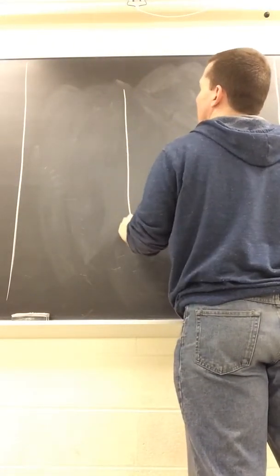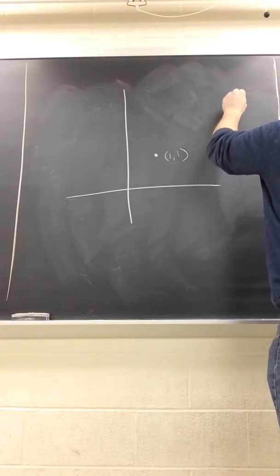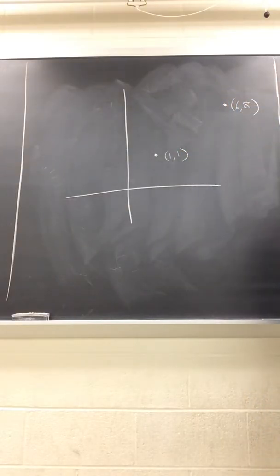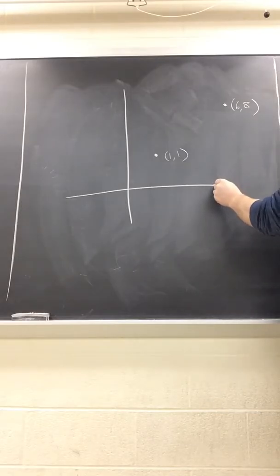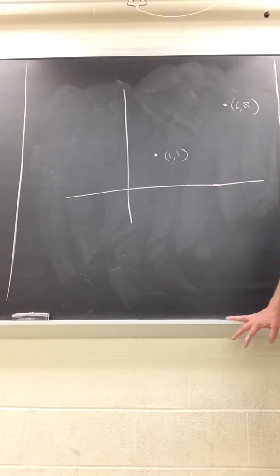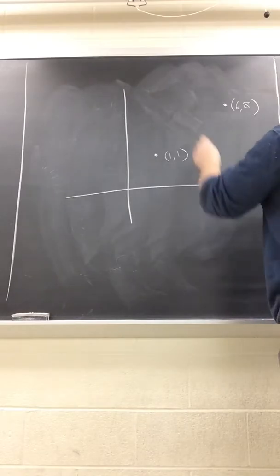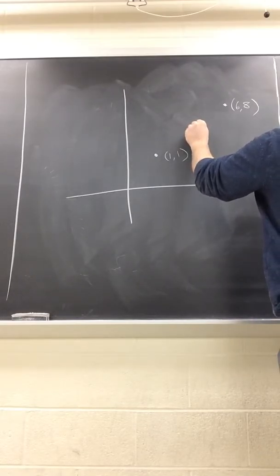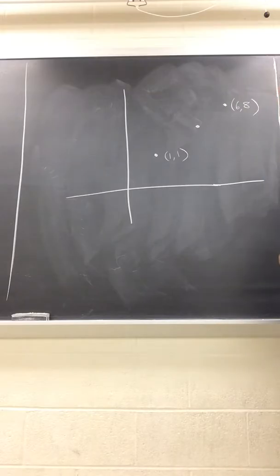So suppose I have the point 1, 1 and the point 6, 8. I want to find the midpoint between them. Well, I know the midpoint is going to be somewhere right around here. And the question is, how do I find it?